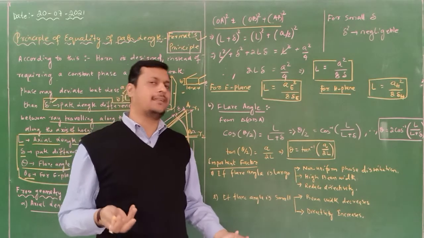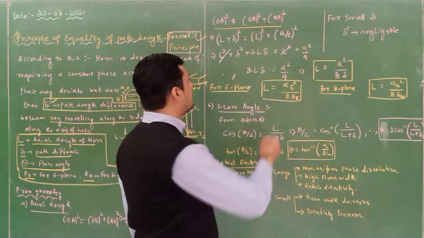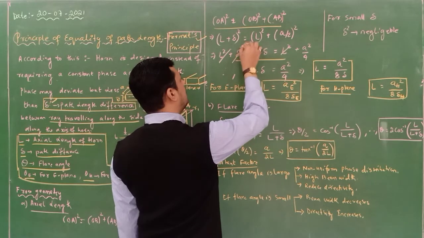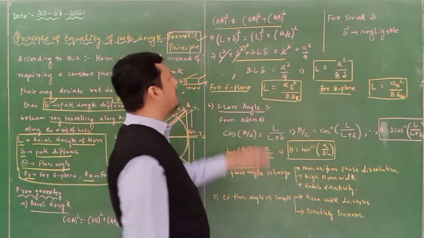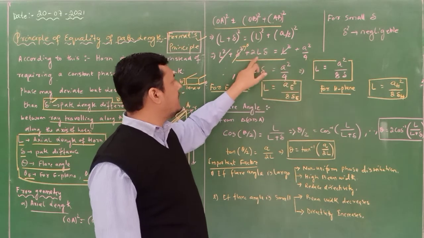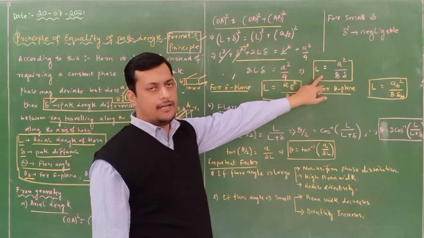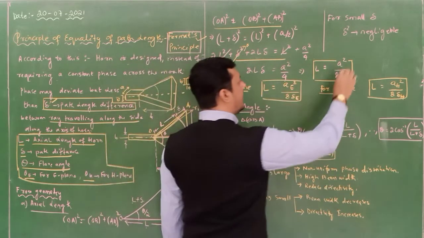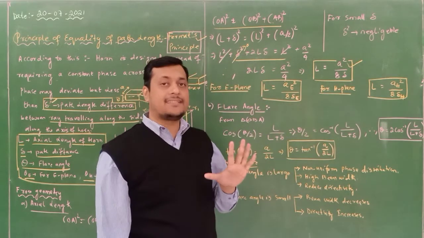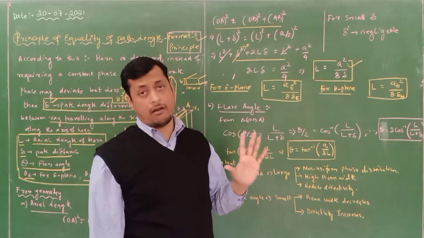So we can neglect the del square component. If I neglect del square, which tends to 0, we are left with 2L del equals A square by 4. So from this the axial length can be calculated. L is equal to A square by 8 del. So this is our axial length for any sort of horn antenna.